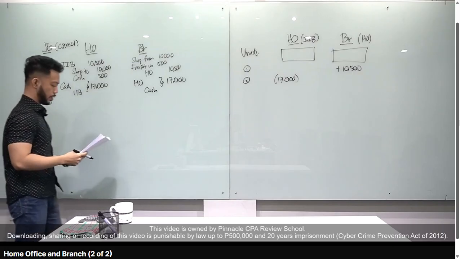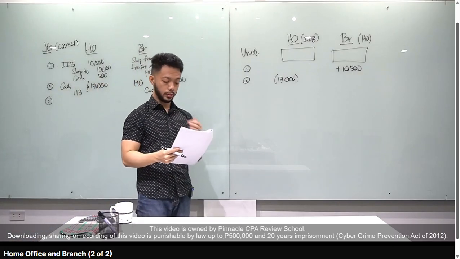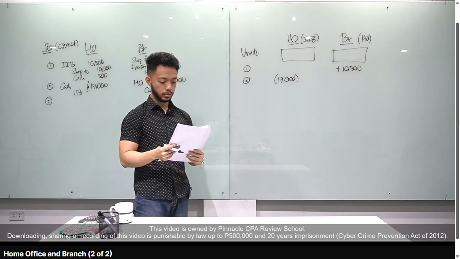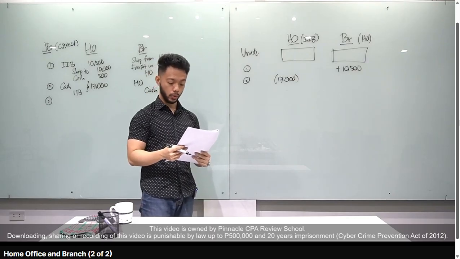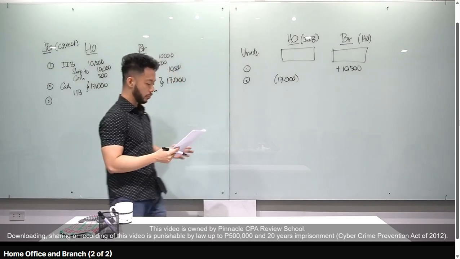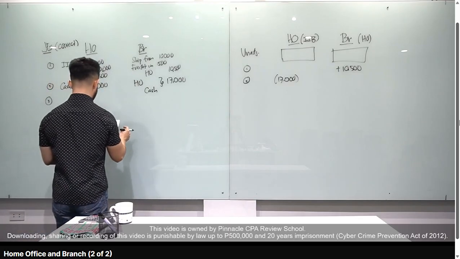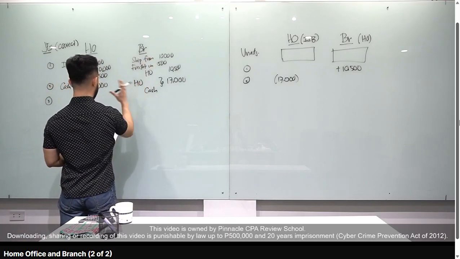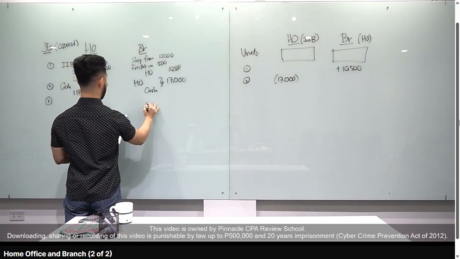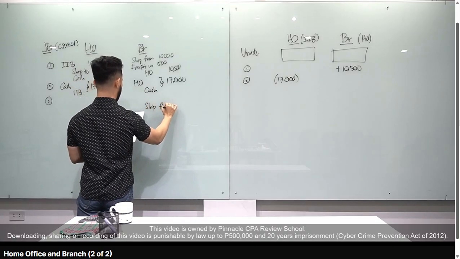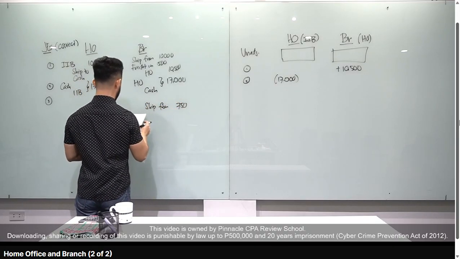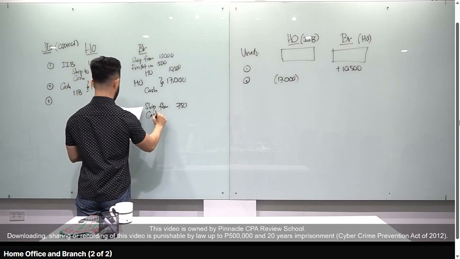Let's go to bullet number 3. The branch office returns some merchandise to the home office. The cost of the returned merchandise is $750. The branch pays $25 of freight costs, which will be charged back to the home office. So for journal entry number 3, some shipments were returned by the branch to the home office. That means we have a credit to shipment from, amounting to $750. And then the branch paid cash of how much? $25.